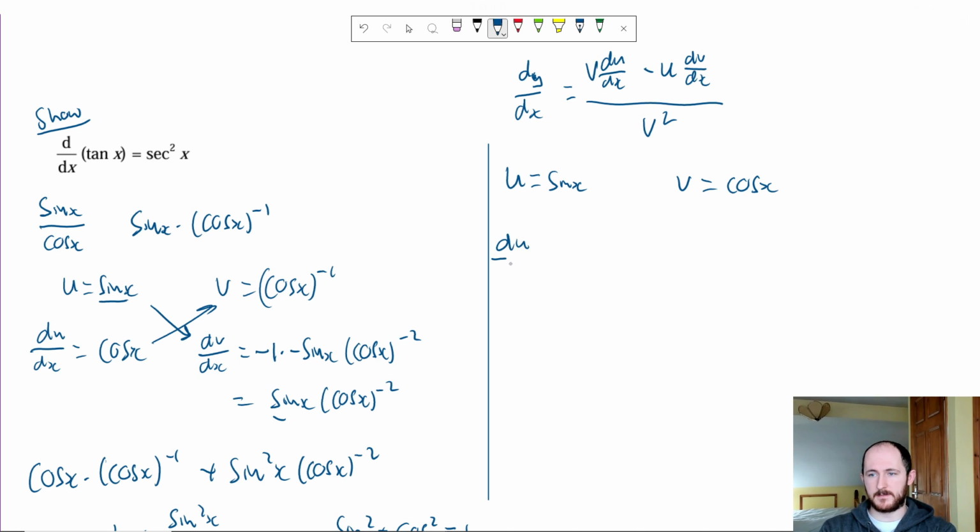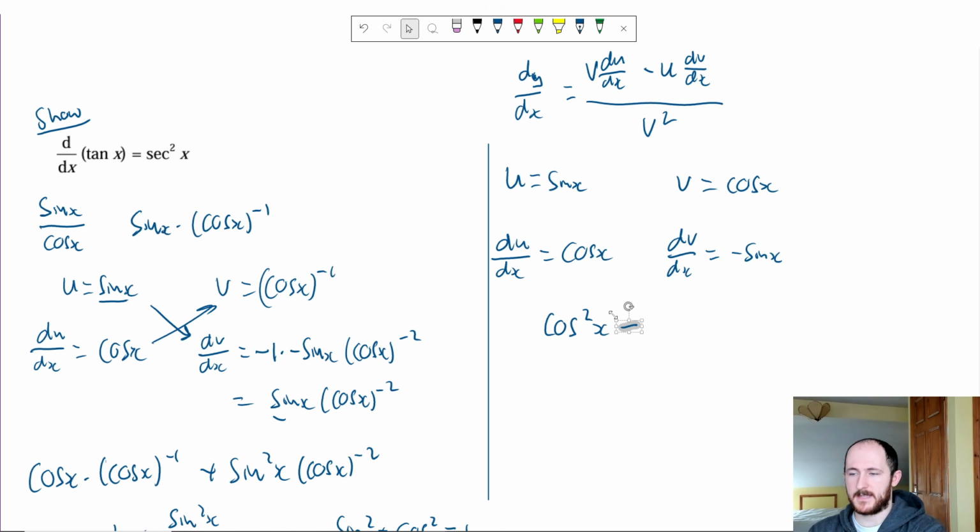Then we get the same type of thing. du/dx is equal to cos x. dv/dx is equal to negative sine x. And we're just going to sub it into this formula now. So we have v du/dx, so cos x times cos x, that's cos squared x, minus u times negative sine x. Actually, no, let's leave it as this.